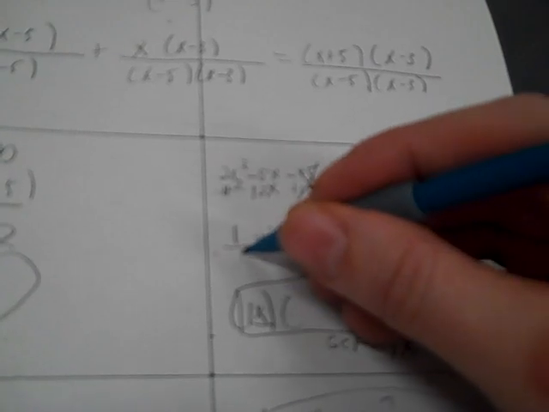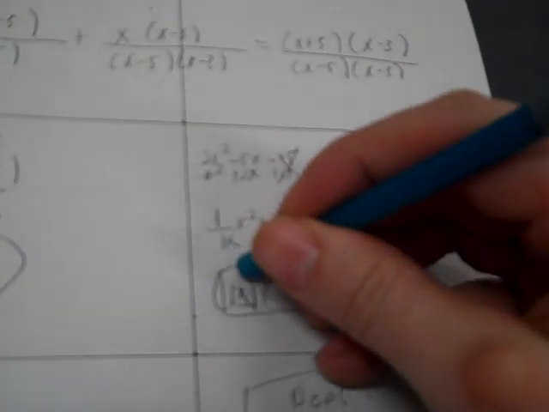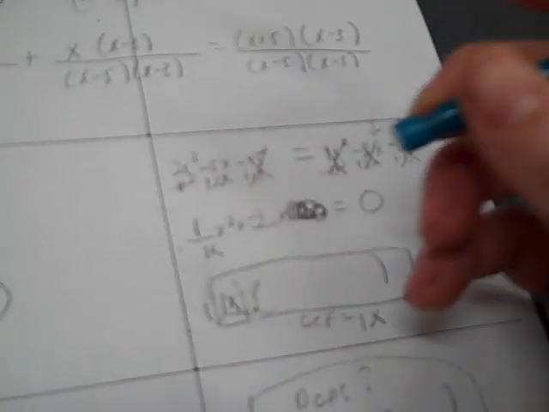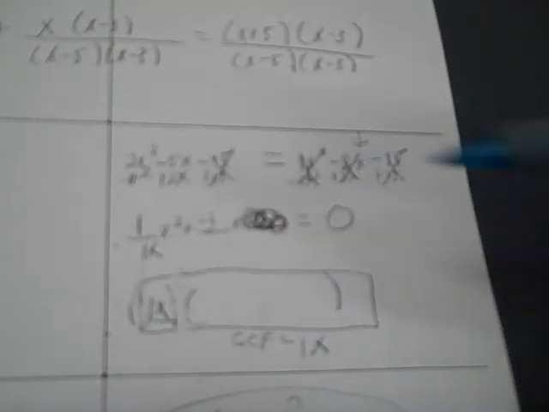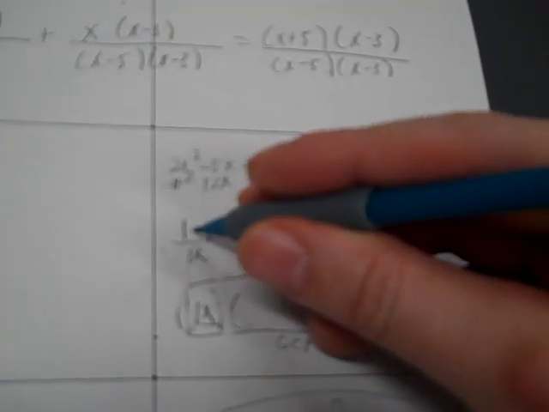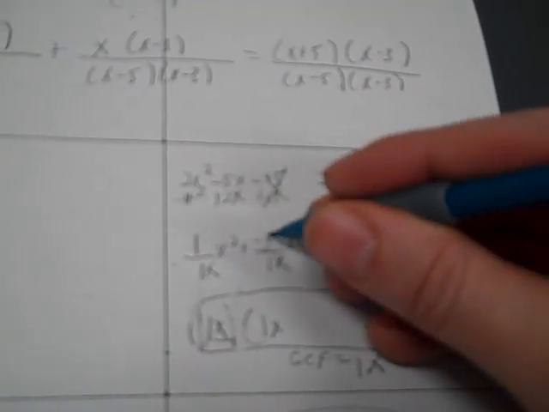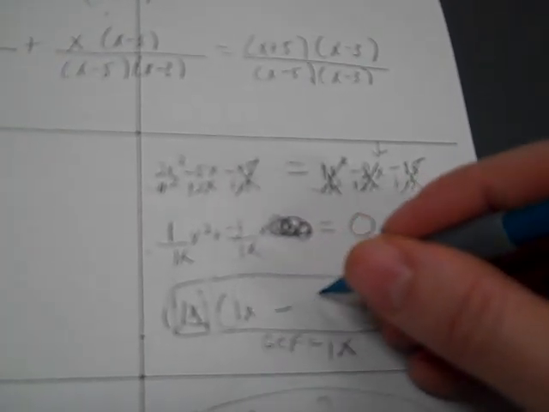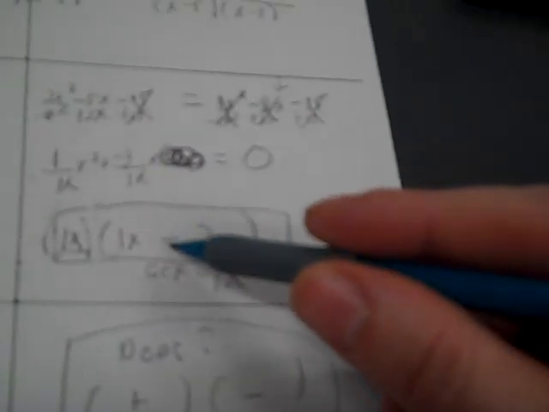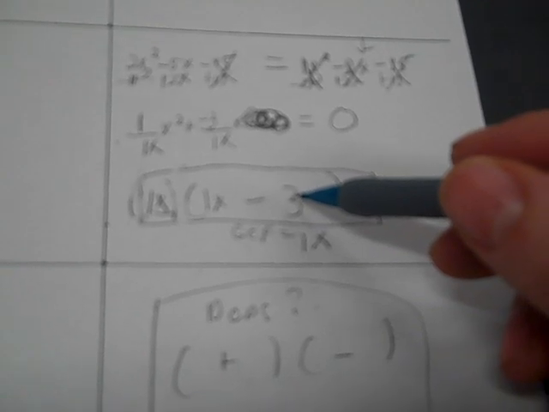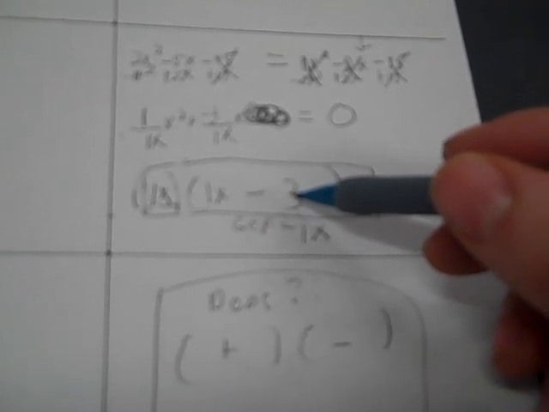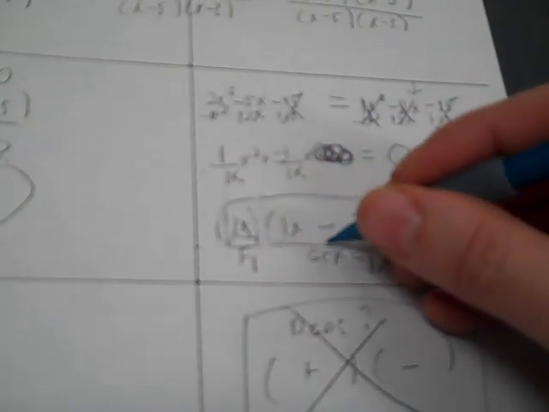Actually, don't put a parentheses there. Just 1x. So I divide by 1x, and that's going to be 1x and negative 3, so minus 3. Now I do have a minus, but 3 is not a perfect square. There's no integer times itself that equals 3, so we don't do that. And my F1 and F2 then come solely from the GCF box.